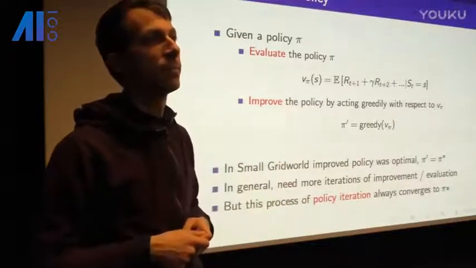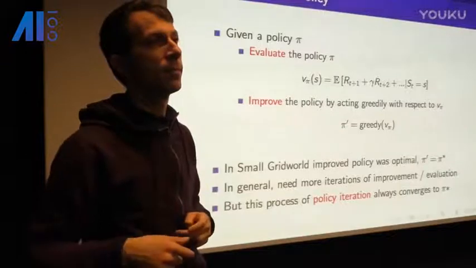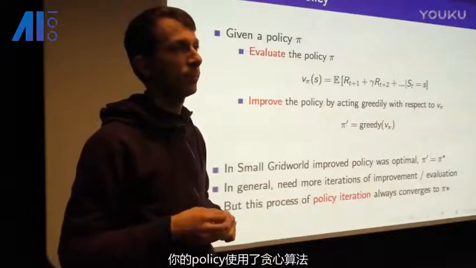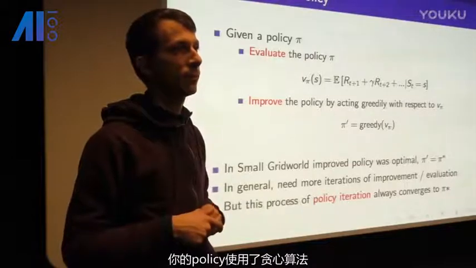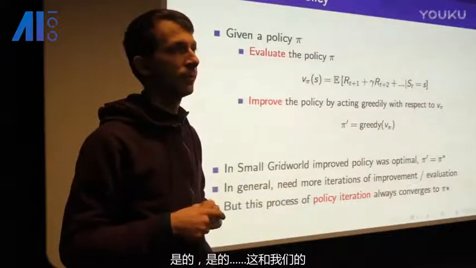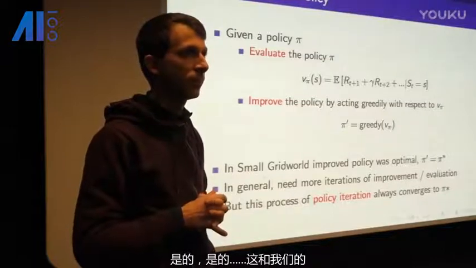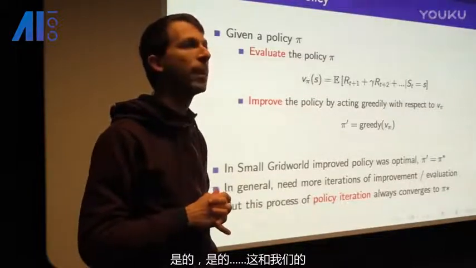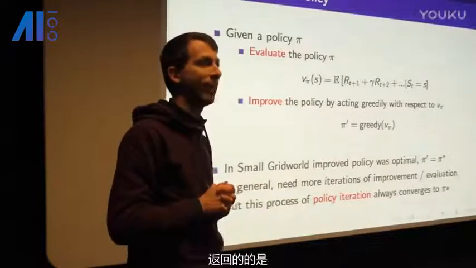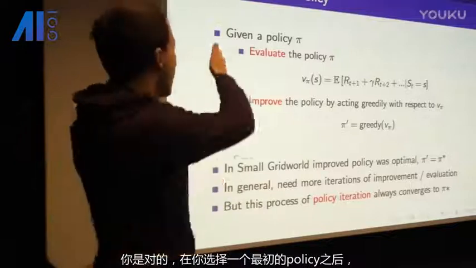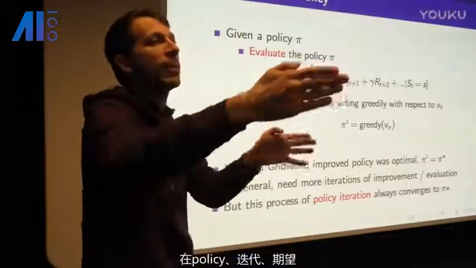So when you do the improvement step, your policy is greedy on the evaluation, so it's deterministic. It'll be a different deterministic policy at the next step until you converge on an optimal deterministic policy. But you're right that after your initial policy, every other step will be deterministic.